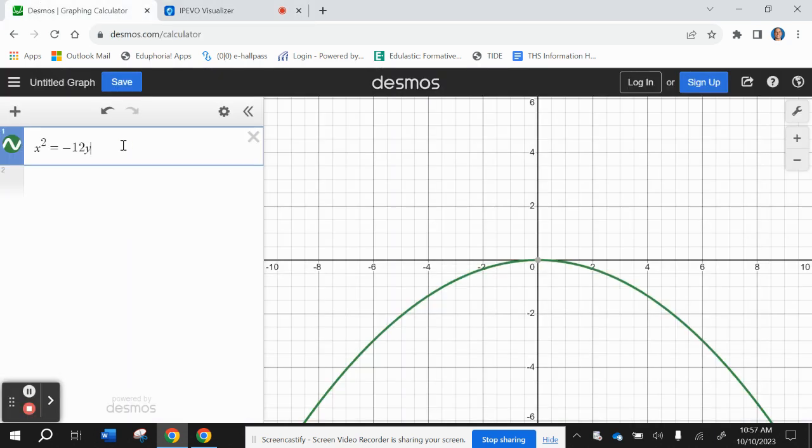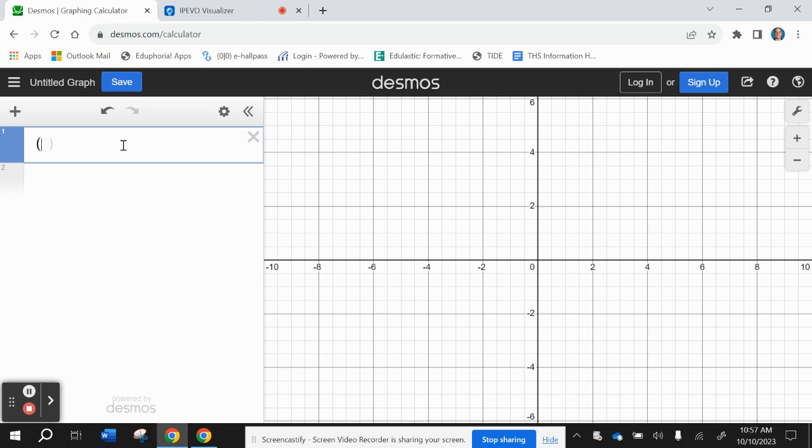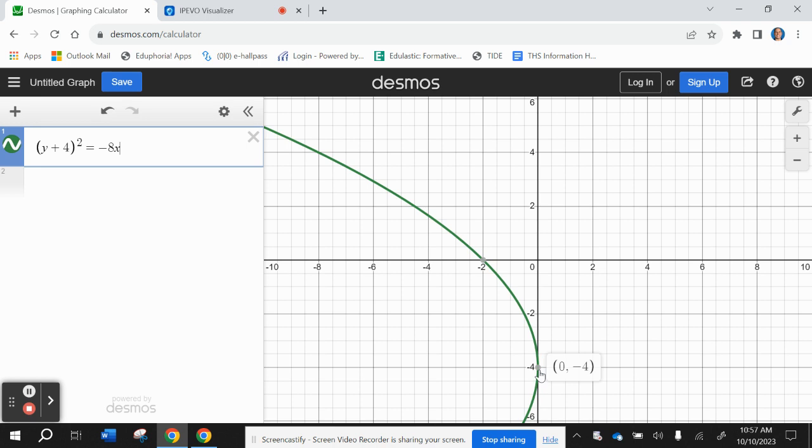All right, let's go ahead and graph that. So vertex is 0, negative 4. And let's see if we can find a point. Negative 2, 0 is perfect.